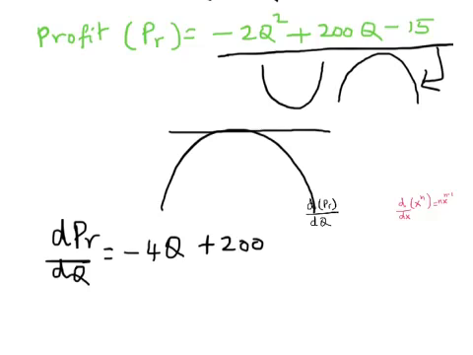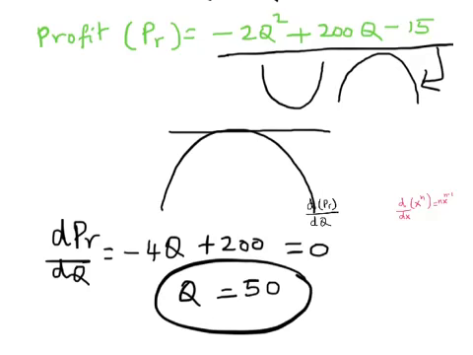Now we saw that the tangent is flat, its slope is 0, therefore for PR to be maximum the slope should be 0. So we set this to 0 and solve for Q, which will be 50. So that tells us that when 50 items are sold, then the profit is maximum. I hope this helps. Thank you.